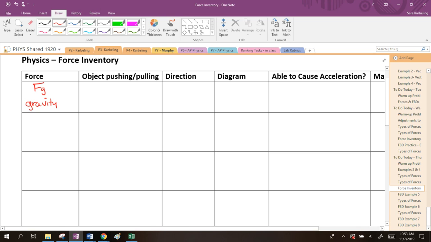Remember, every force has to be an object pulling or pushing on the object in question. What object is pulling or pushing when we're talking about gravity? The Earth. Is it always going to be the Earth? What if I go to the moon? That'd be the moon, right? If I'm talking about going around the sun, it'd be the sun. But for most of our situations, yes, it's going to be the earth. I'm going to say the earth, unless otherwise noted.